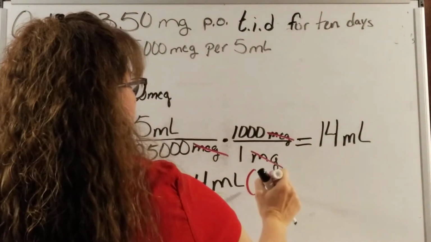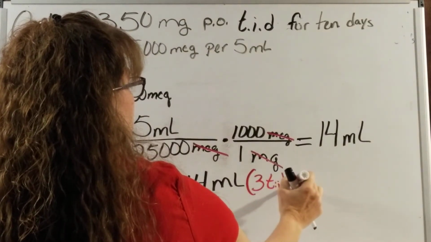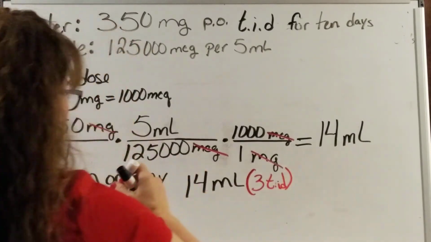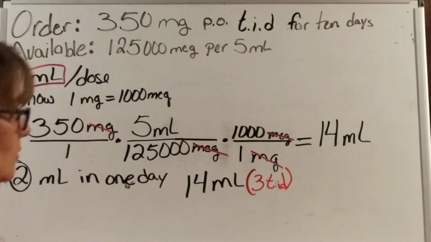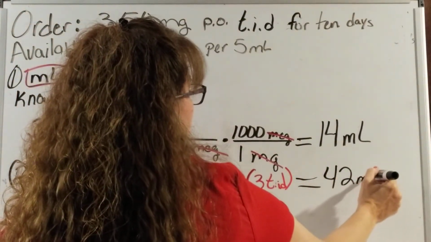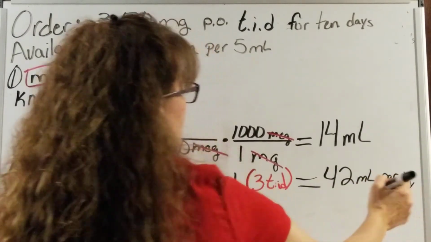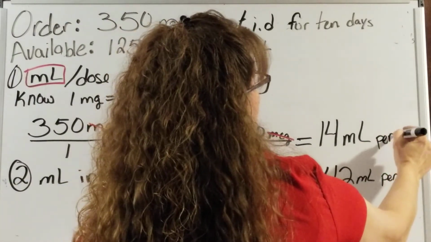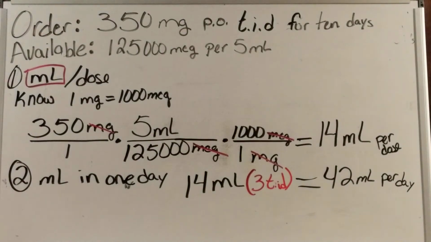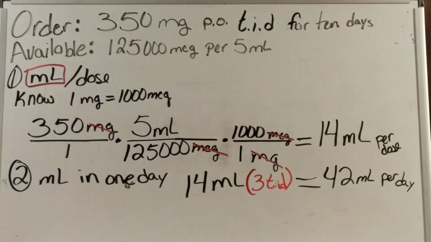So I'm going to multiply this by 3, which we know is TID. So 14 times 3 is going to be 42 milliliters per day. See, this is per dose. This is per day. Be sure and label correctly too, guys. I should have put that per dose up there a while ago.